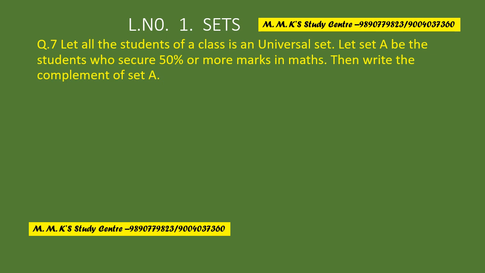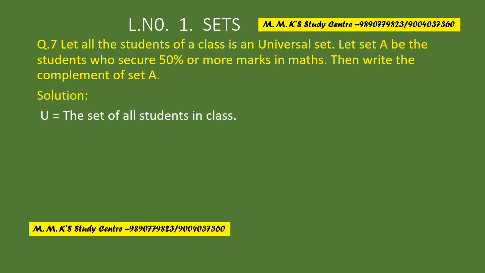So in the class there are two types of children. One who are getting 50% or more than 50% marks in maths. And second are those who are getting less than 50% marks. So your complement will be the students who are getting less than 50% marks in maths. In the solution we'll write down the universal set.